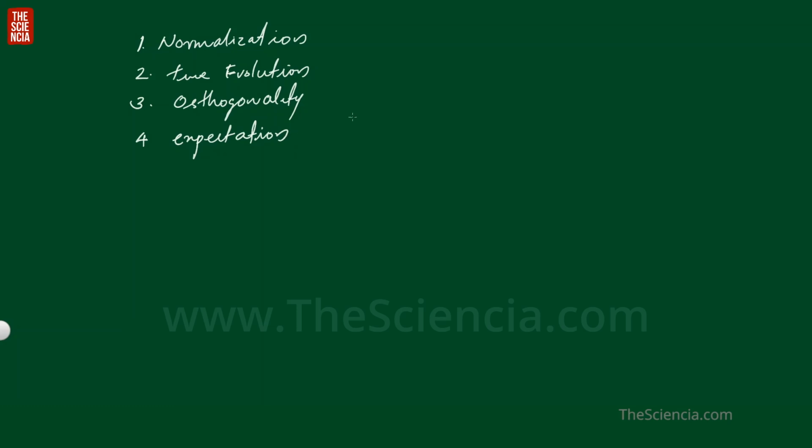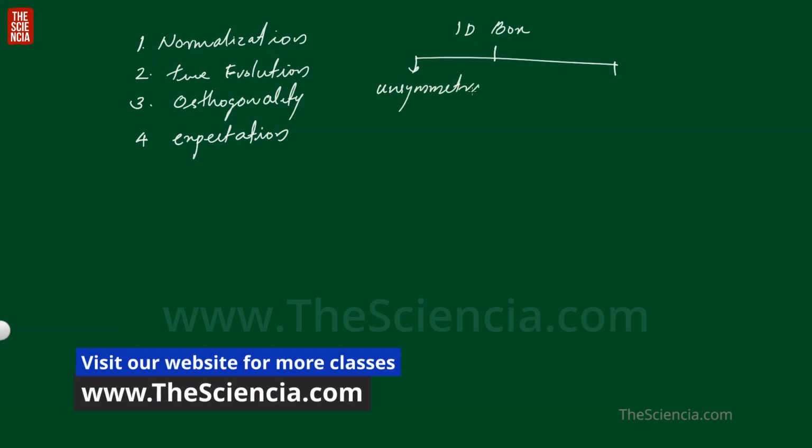Okay, so now we have discussed all about the 1D box, and there are two cases: the box may be an unsymmetric box or a symmetric box.